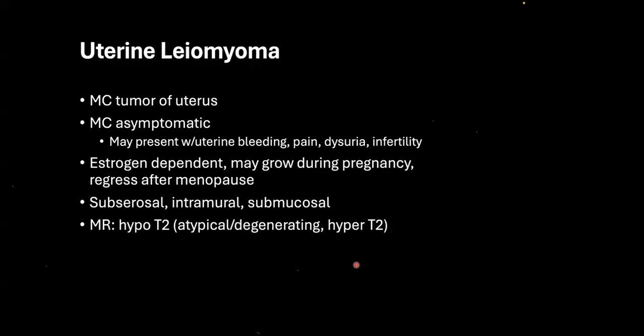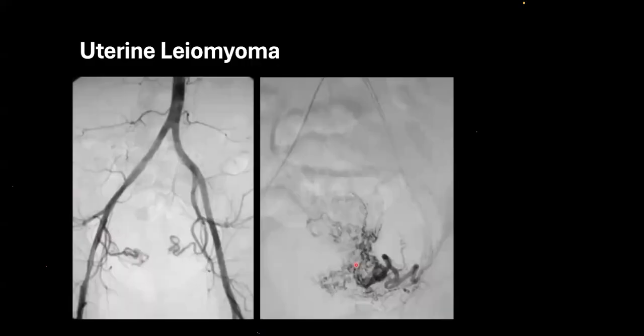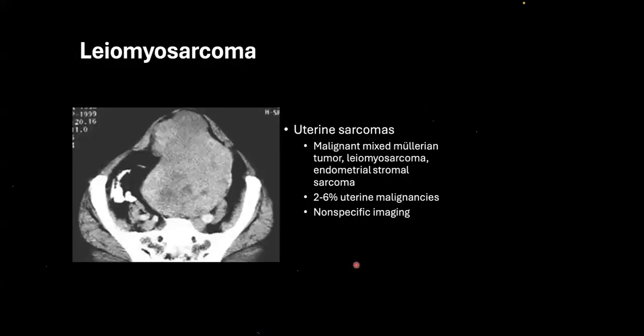Uterine leiomyomas. So can we actually differentiate leiomyosarcoma from leiomyoma to some extent, right? Like if it has some irregular walls, heterogeneity and all that, but not always.